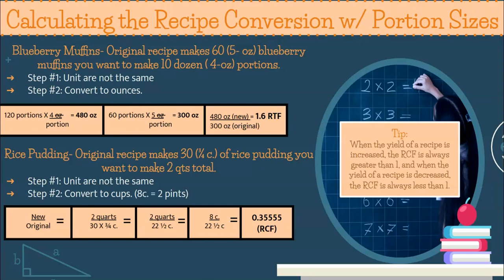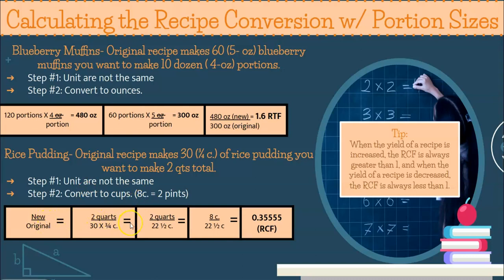All right, right down here, kind of the same setup. Original recipe makes 3 3/4 cups of rice pudding. You want to make 2 quarts total, so they do not match. So you want to make sure that they match. So you are going to do new divided by old, and we are converting it to cups.